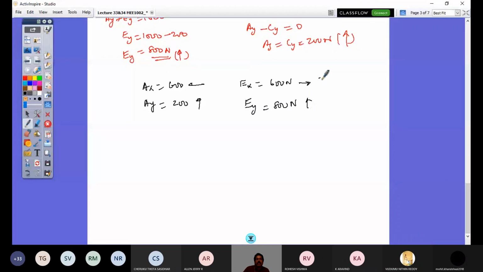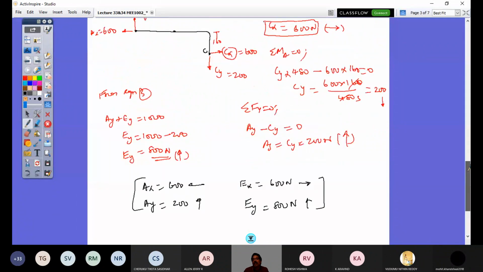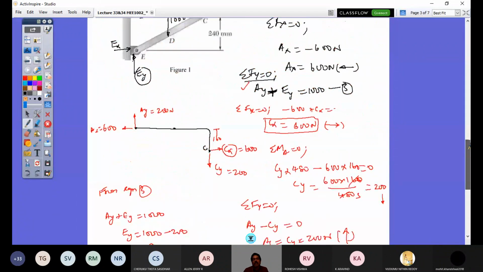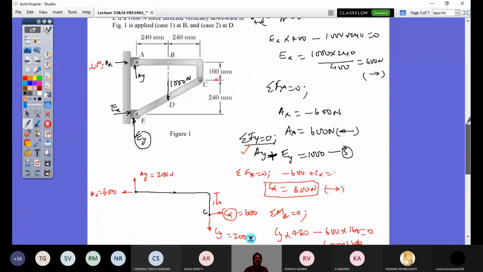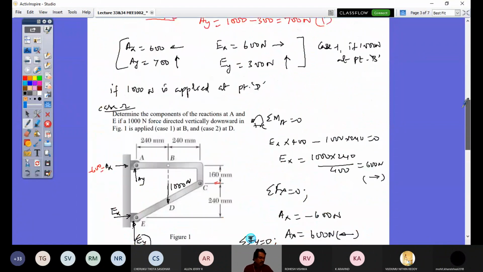In this, Ax and Ex may be the same in both cases, but the Ay and Ey values are different in case 2 compared to case 1. In case 1, Ay is 700 and Ey is 300, whereas here it is 200 and 800. That's all because of the point of application of that force. So this is what you should understand.